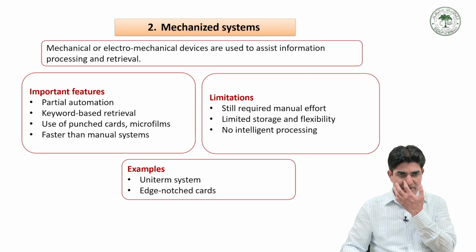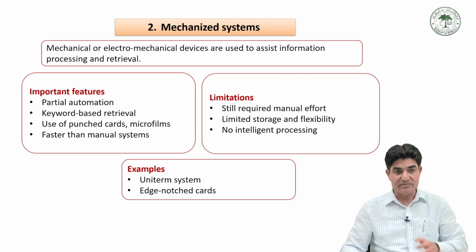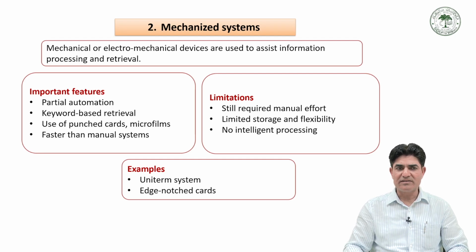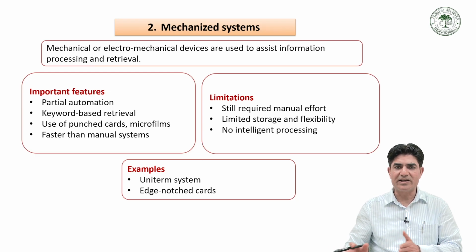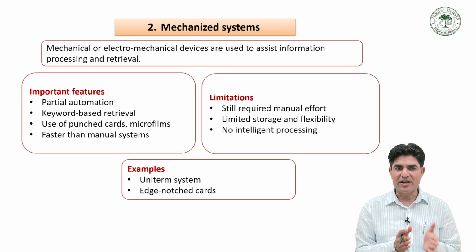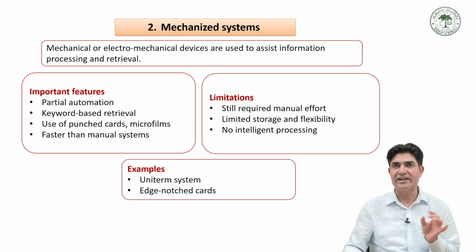So an important feature of these mechanized systems is partial automation, that is, not fully manual and not fully automated, but in between the two. They were based on keyword-based retrieval, where keywords are assigned to documents, and the user can also pick certain keywords to find the relevant document from the mechanized information retrieval system.